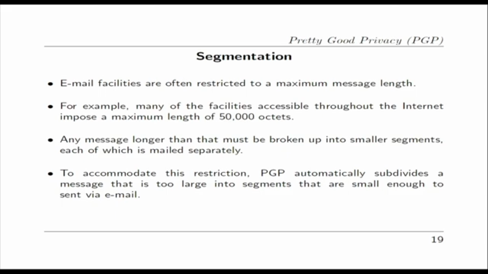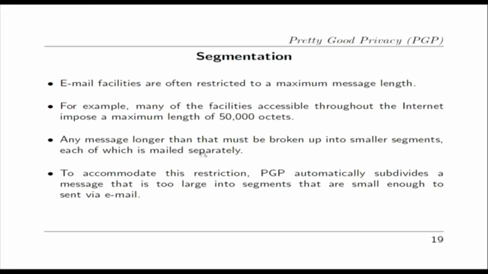Another functionality of PGP is segmentation. Email facilities are often restricted to a maximum message length. For example, many of the facilities accessible throughout the internet impose a maximum length of 50,000 octets.